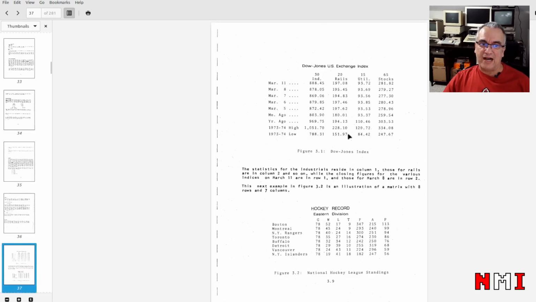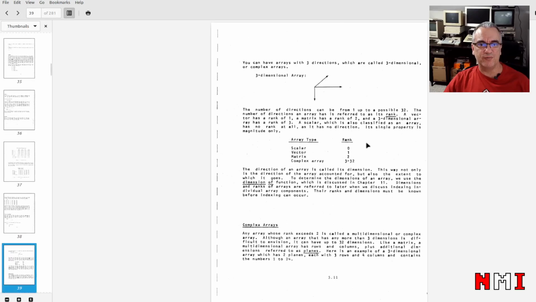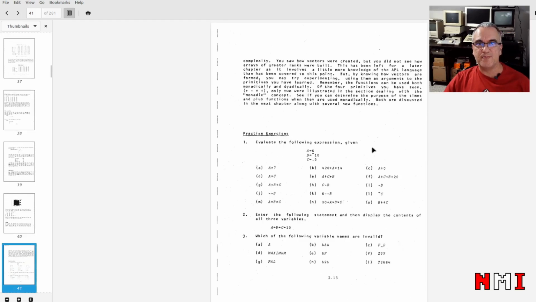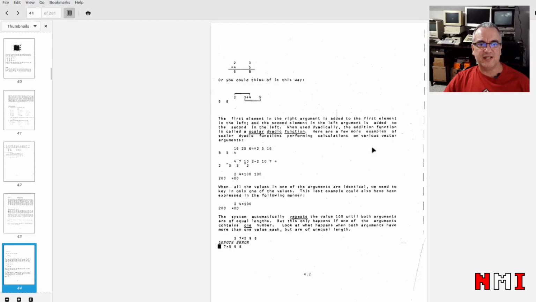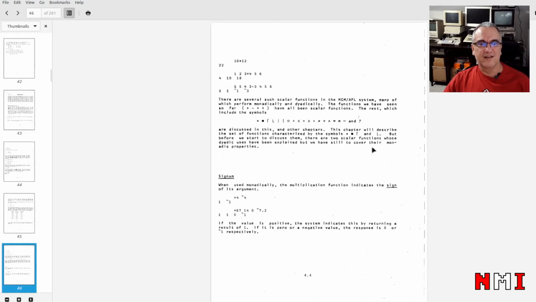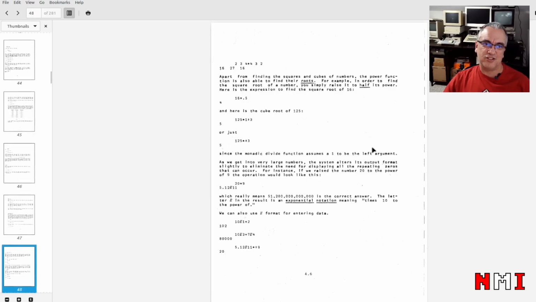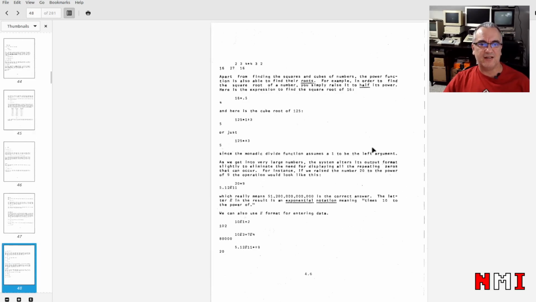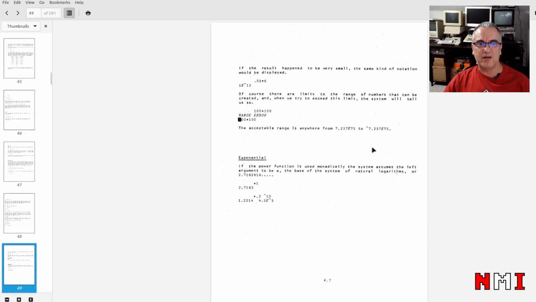I can tell you that by what I read from this manual, and the very little I know about APL, it is very powerful, and you can write complex programs with very few lines of code. Of course, they are going to be very cryptic for people that don't understand APL, such as myself. But if you understand APL, I believe it's an extremely powerful language.